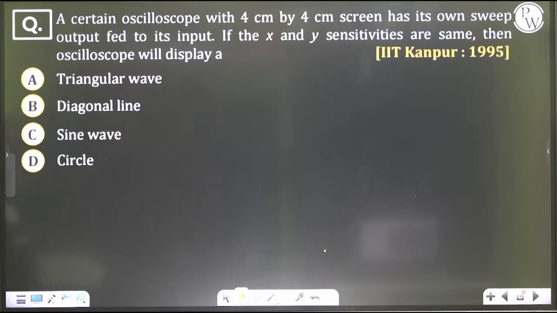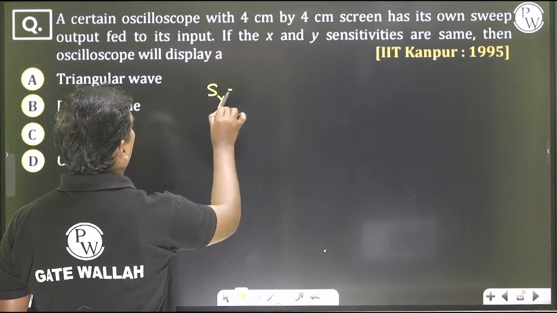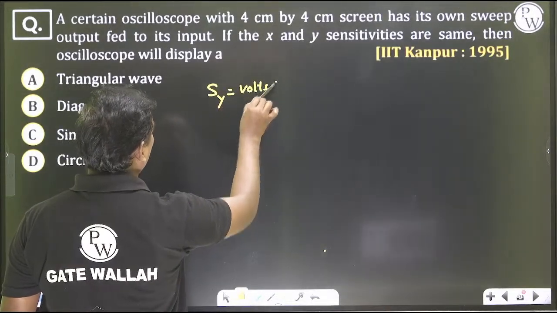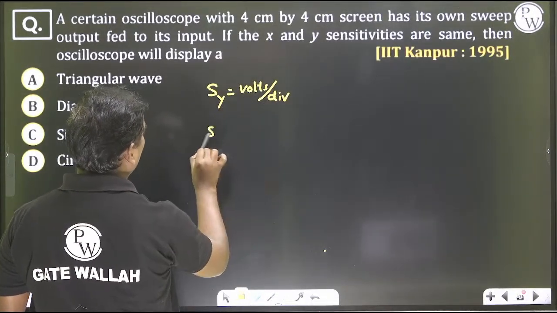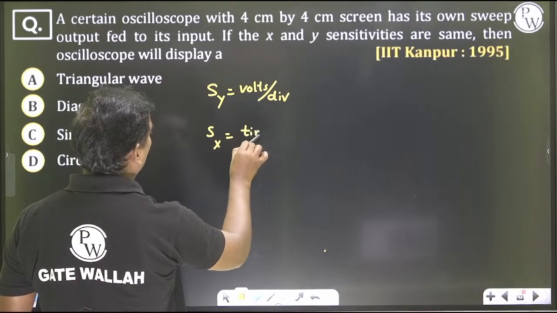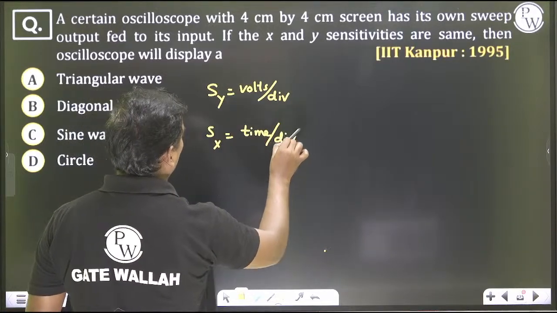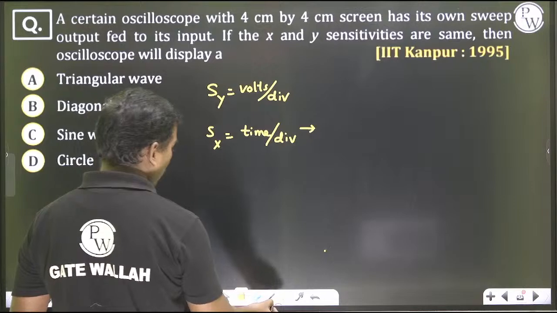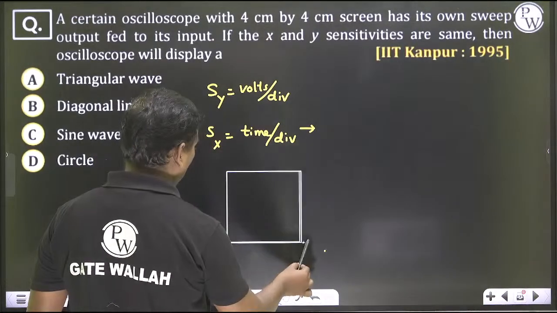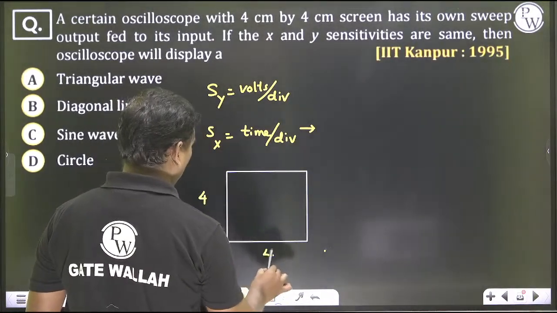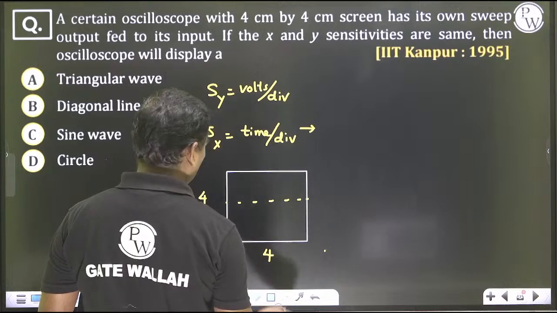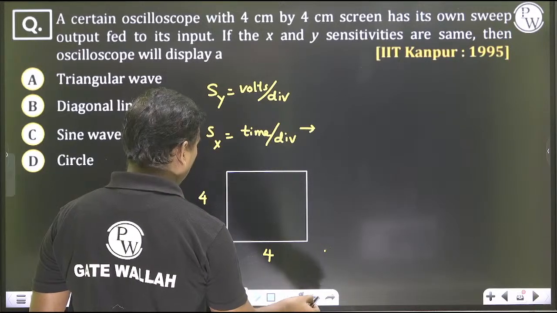Okay. A certain oscilloscope with 4 cm screen has its own sweep output fed to its input. If the X and Y sensitivities are same. See, sensitivity of Y means volts per division. Sensitivity of X means time per division, seconds per division. So this is seconds per division, this is volts per division. Now these are 4 by 4, the 4 centimeters. So what he's telling is, he's applied the same signal.